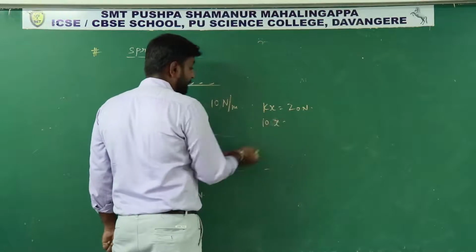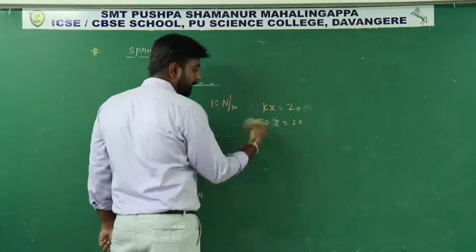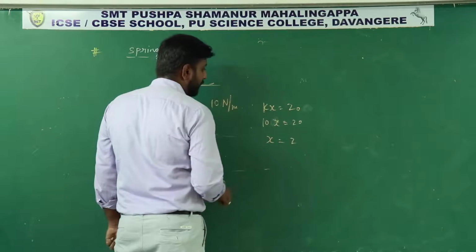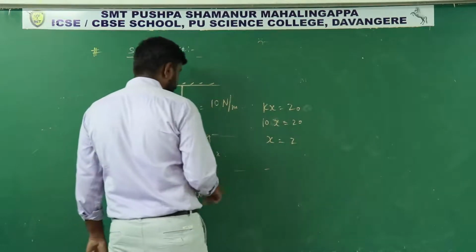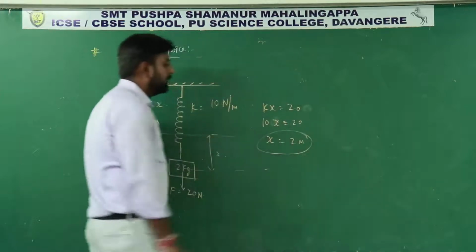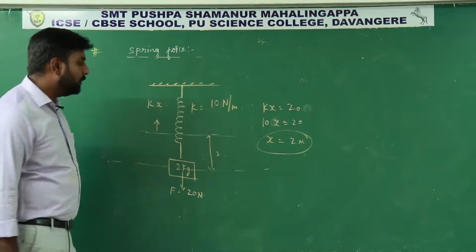So 10 times x equals 20 Newton, and you can find the value of x. You will get x as 2 meters. The elongation produced in the spring will become 2 meters.